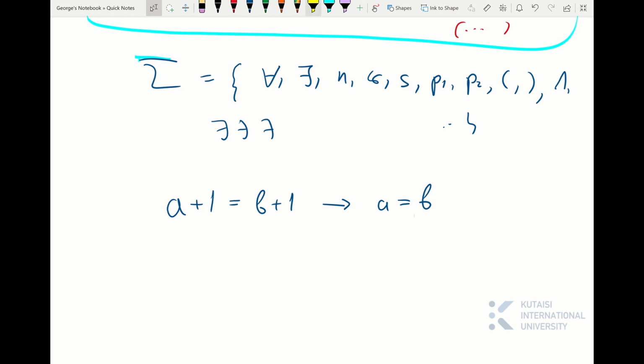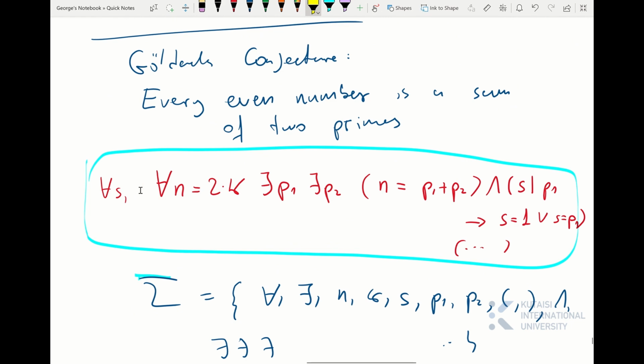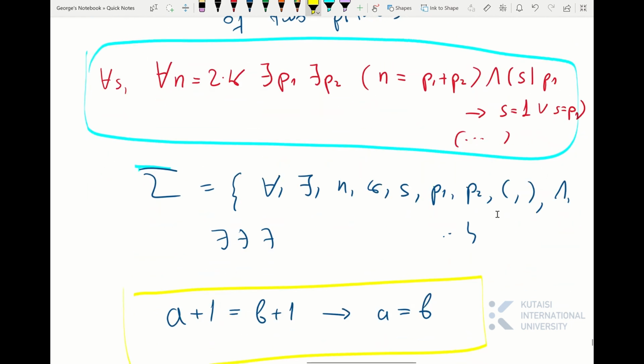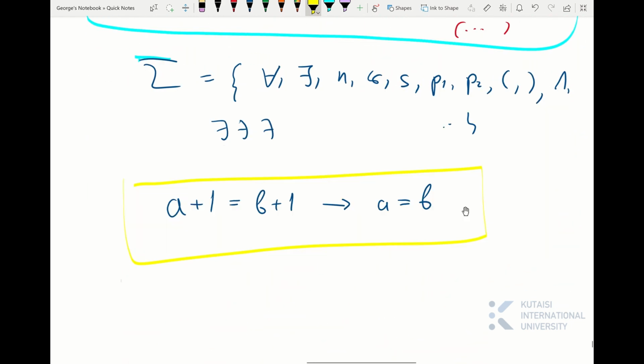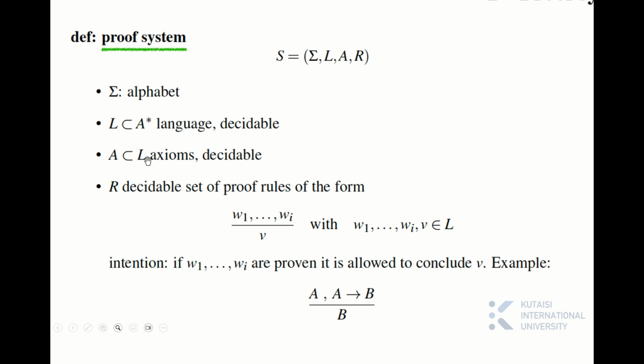But syntactically speaking, this is just a string. This is just some string over this alphabet, whatever this alphabet is, the same way as this is a string over this alphabet. So, by axioms, I just select some strings. If I would do it for geometry, by the way, I have to completely syntactically write down with symbols what the geometric things mean, and then with symbols, I will also write down the axioms.